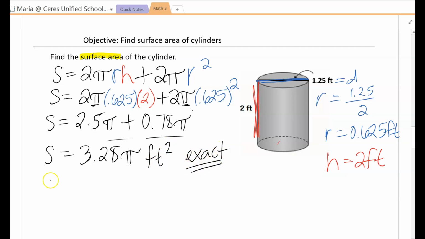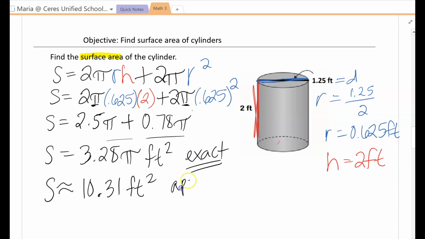And then to find the approximate answer, you just take your 3.28 and then you're going to multiply by pi in your calculator. And that's going to give you an approximate answer of 10.31. It doesn't say what to round to. So you can leave it as 10.3, 10.31. But make sure you include the units squared.